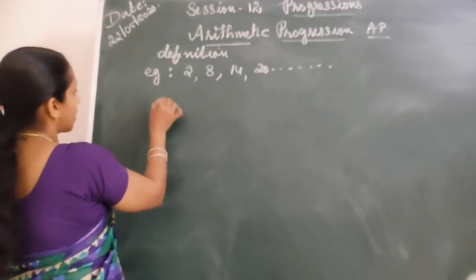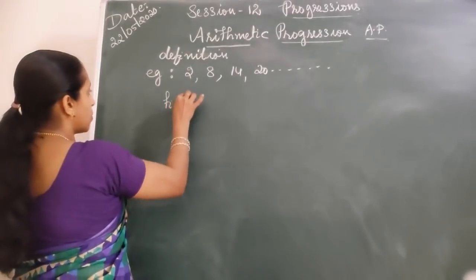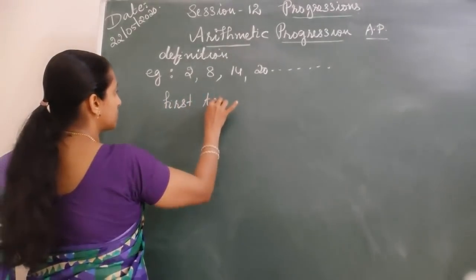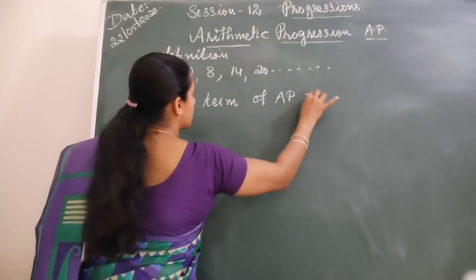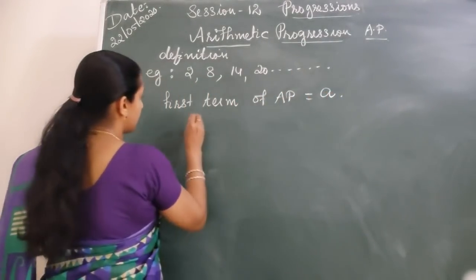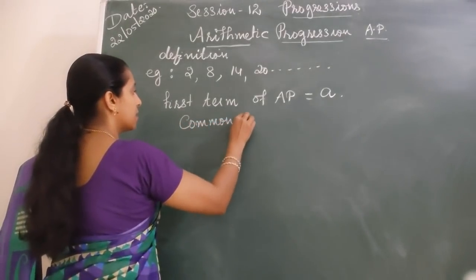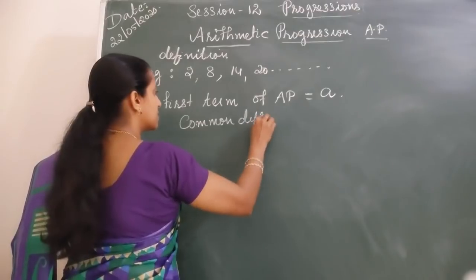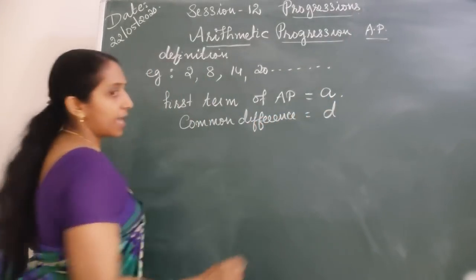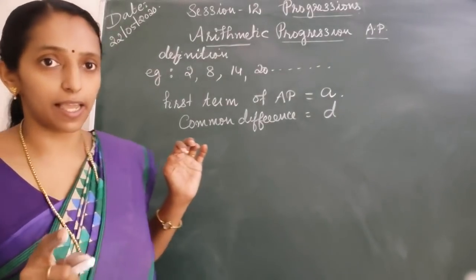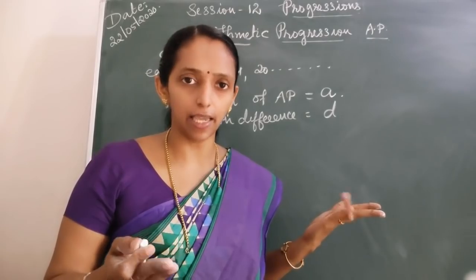Then write down the first term of AP, which is denoted by the small letter A. The common difference of AP is denoted by the letter D, and D is obtained by A2 minus A1.